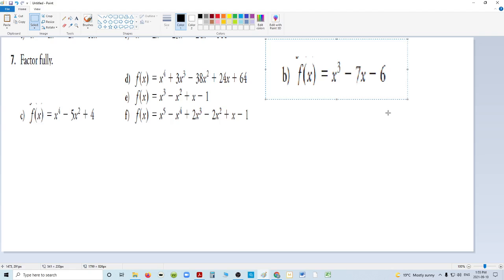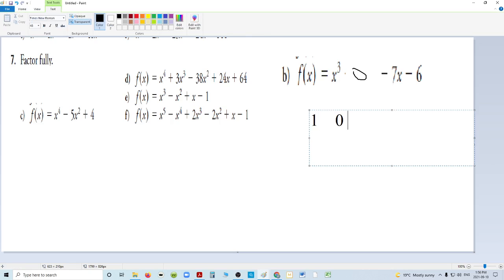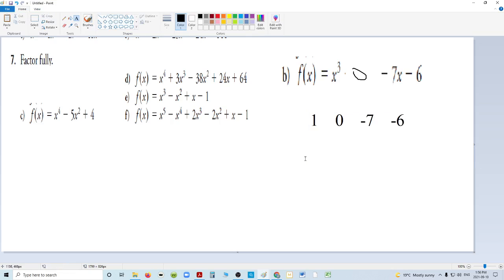Notice we're missing some things here. We're missing an x squared term, so just put a 0 in there. So my coefficients here are this. If you miss the 0, it screws it all up. I'm going to start with 1.